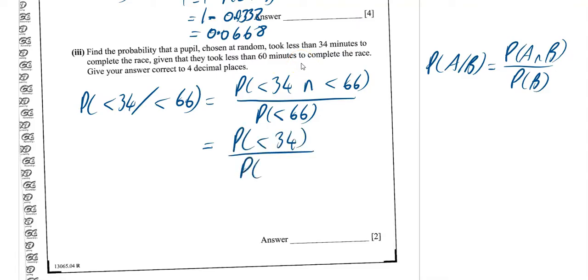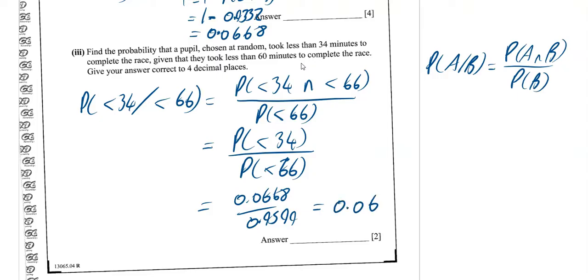So that's where your top line becomes, and you've got both of those things worked out in the two previous parts. So it's 0.0668 divided by whatever we got in part 1, which was 0.9599. And if you do that to 4 decimal places, it's 0.0696 to 4 decimal places. And that is us done.